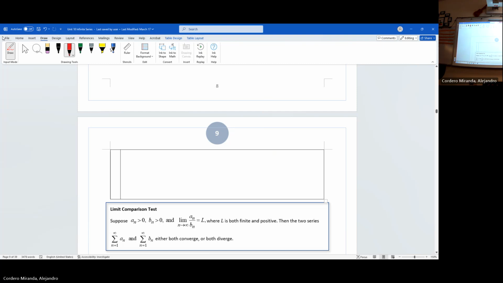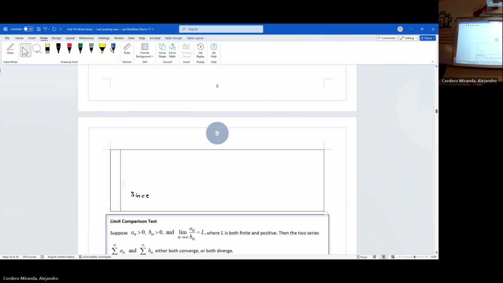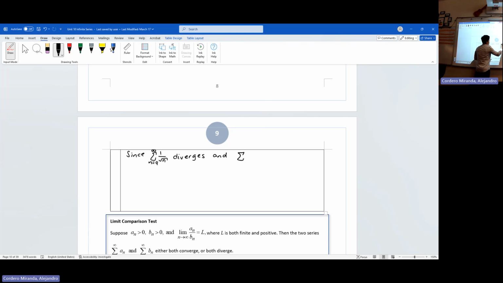So let me make some room. Okay, and then I say, since the series diverges, and our series that we're trying to get, 1 over square root of n minus 1, oh, shoot.